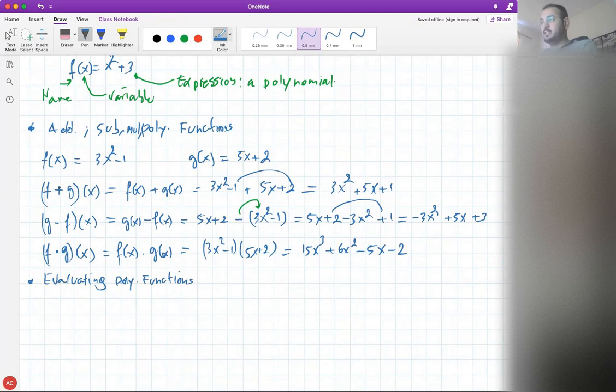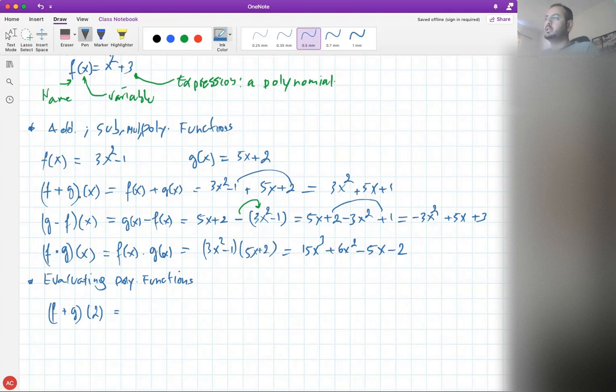So let's take the same problem here. It's f plus g. Instead of x, let's say of some number, maybe 2. Again, this does not mean times 2. It just means f plus g of 2.